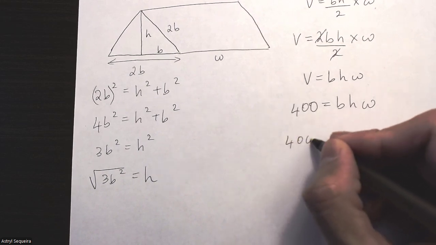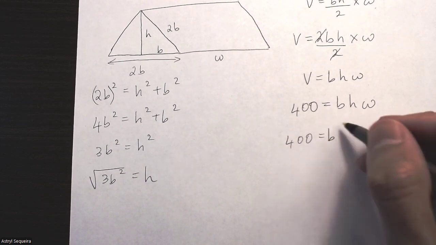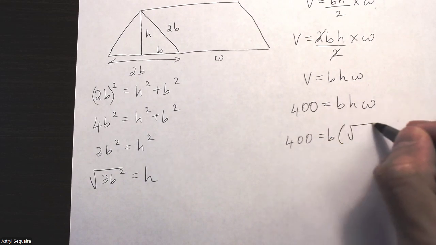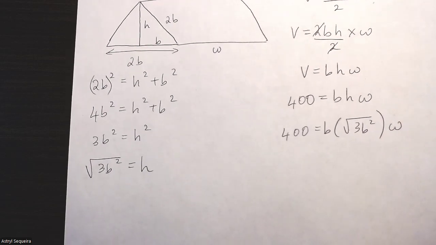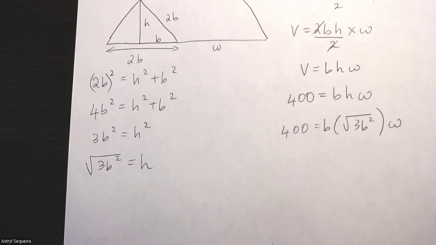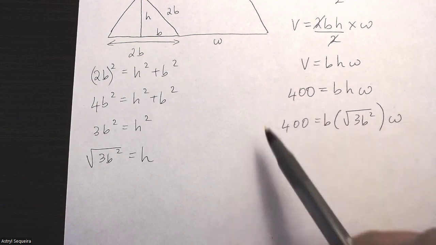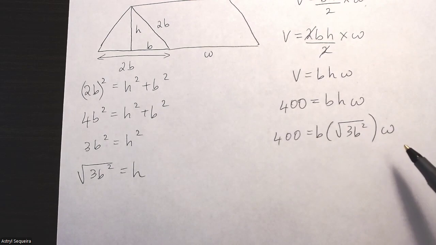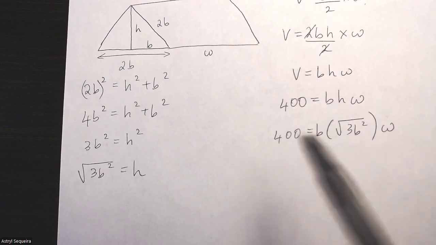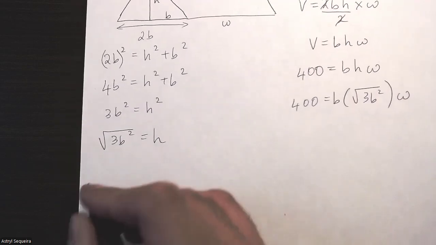So 400 equals b times the square root of 3b squared times w. Okay, so now I've reduced this equation down to just two variables instead of three, which is really good. So now I can come up with my surface area equation.